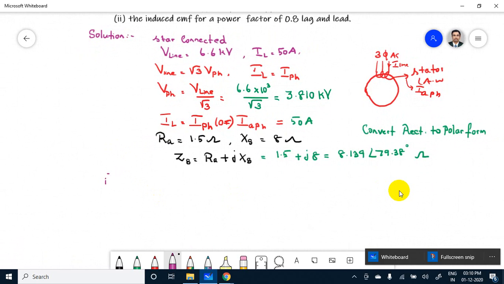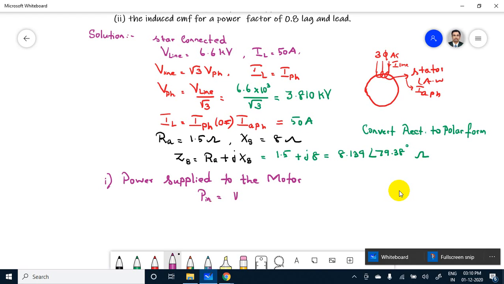First one, power supplied to the motor. The power supplied is nothing but the input power. Power supplied means the input power. P in, this one only you are going to calculate.